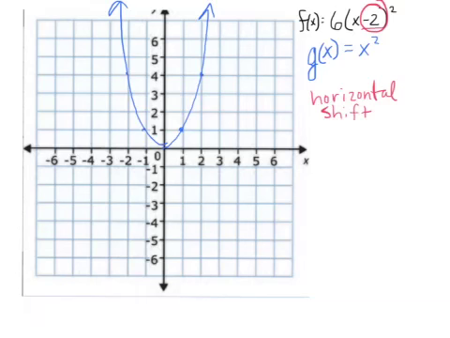Horizontal shifts kind of work backwards from what we're used to. The vertical shifts move up or down just in the way that we would think they should. If we add something to a function, we would move it up that many spaces. If we subtract something from a function, we move it down that many spaces. But horizontal shifts are kind of backwards from that. And since this one has a minus 2, we've subtracted 2 from our x, that's going to be a horizontal shift 2 spaces. Instead of back or to the left, we're going to move 2 spaces to the right.